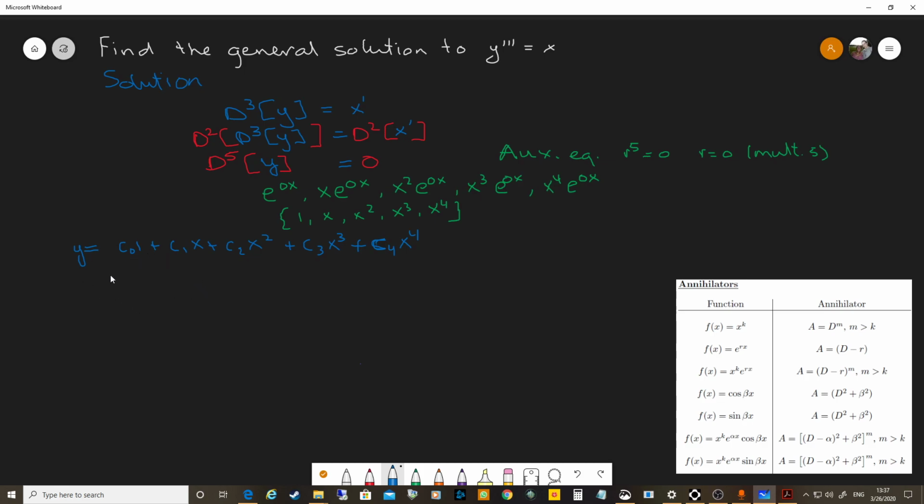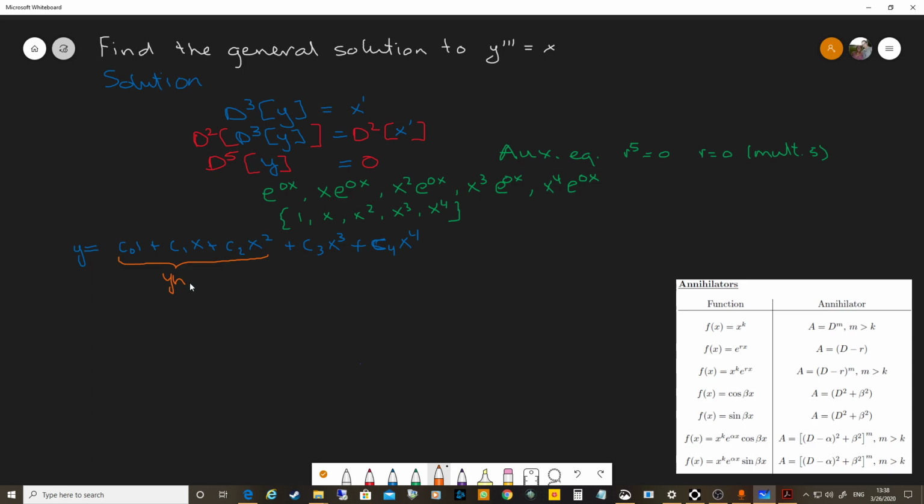Okay, now if we look at the original differential equation and we leave off the x here and make that a 0, then we have y triple prime equals 0, being the homogeneous equation. And the solution to that part is this right here.